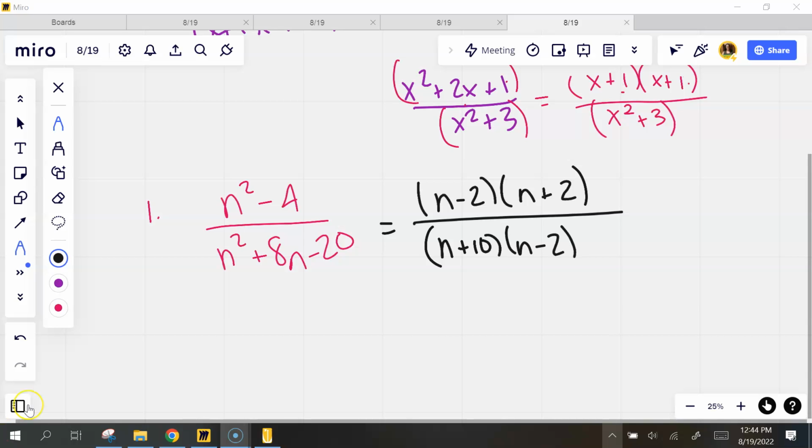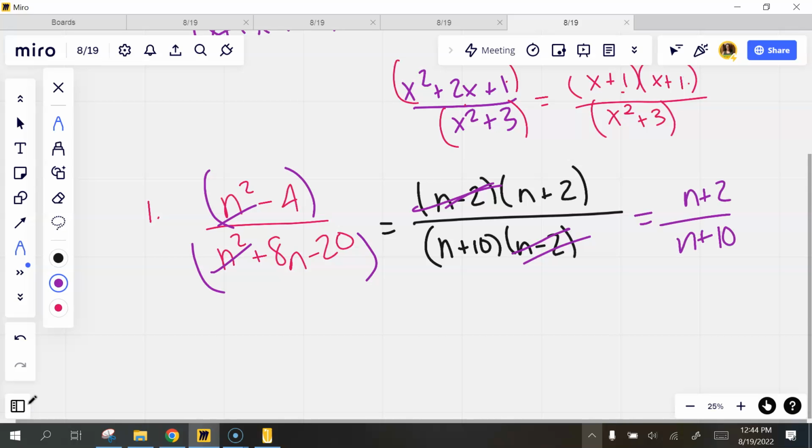These are the same, so they cancel, right? I couldn't cancel here because I'm not in parentheses. But over here, these two factors can cancel, so I'm left with n plus 2 over n plus 10. Can I cancel these n's now?